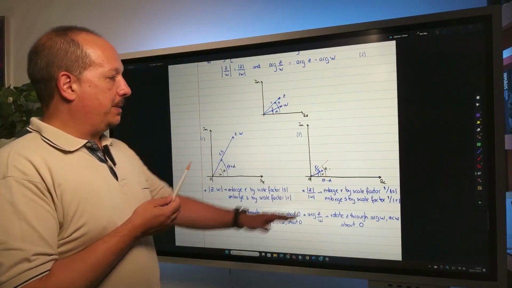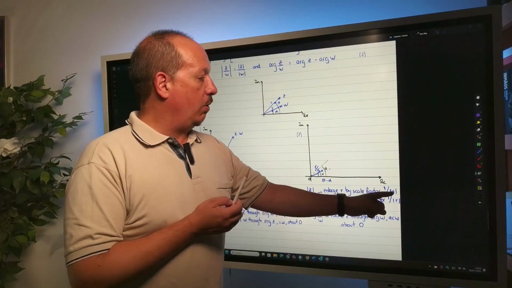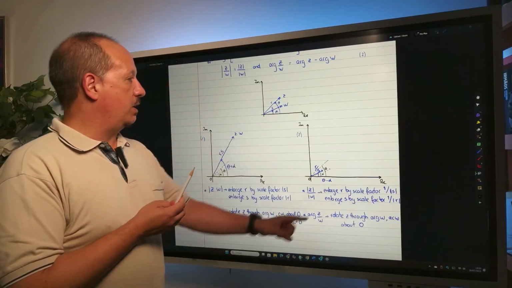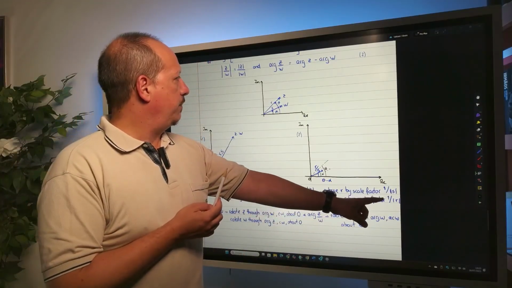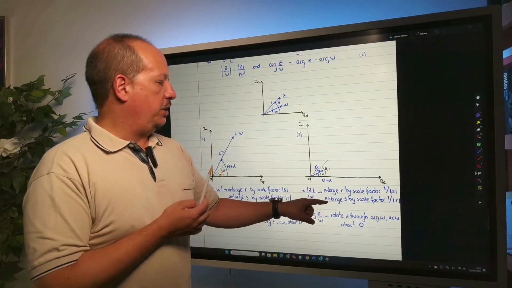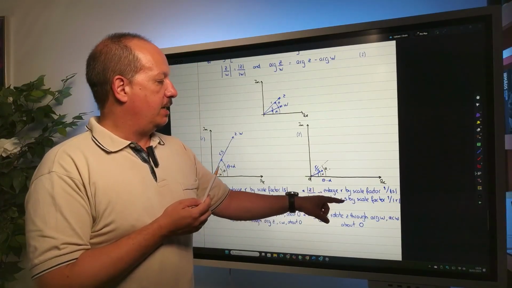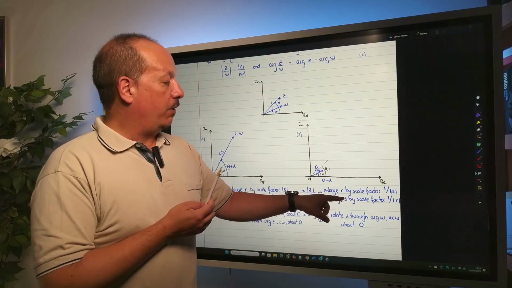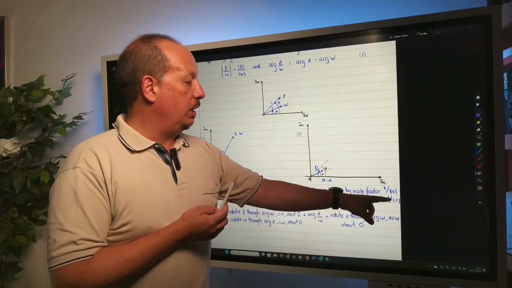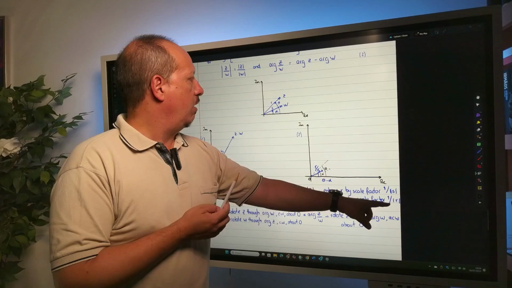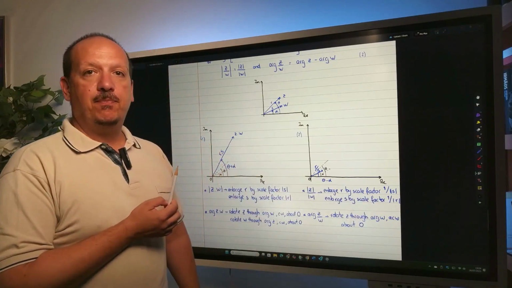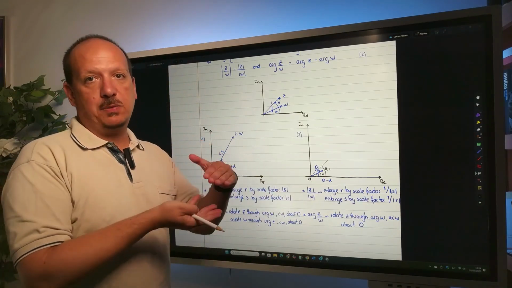Okay, but again, the scale factor is 1 over the modulus of w, and here we are enlarging. Again, technically speaking, it is an enlargement of z by scale factor 1 over the modulus of w. So technically it is becoming shorter.